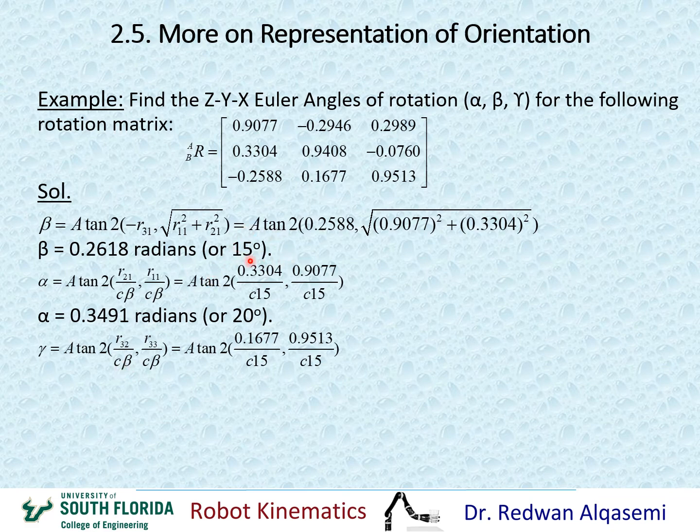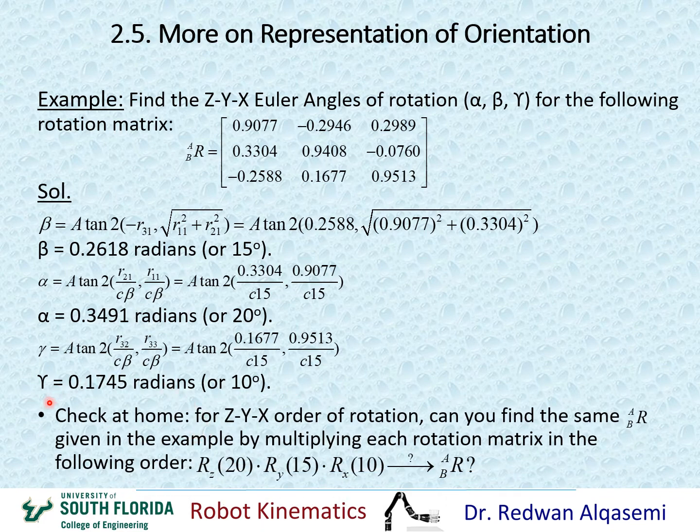I already found beta to be 15, so I put here cosine 15. And then R33, I already know it here. This is my R33. So I place it here and I divide it by cosine beta, which is cosine 15. If I solve this, I'm going to find gamma to be 0.1745 radians, which is 10 degrees.